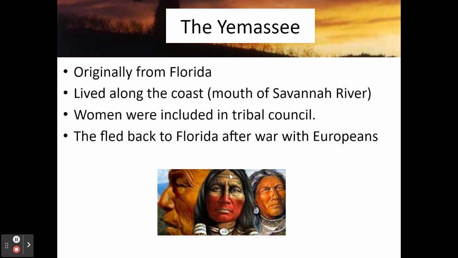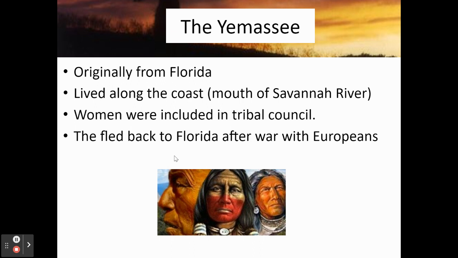And after a somewhat drawn out and protracted war with Europeans during the 1600s and 1700s, they decided to head on back to Florida. Okay, because it just was not worth it for them.